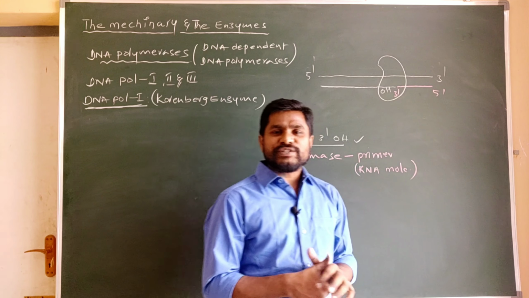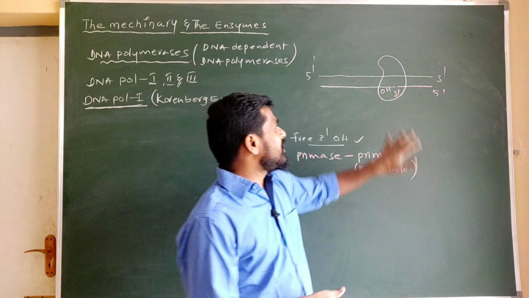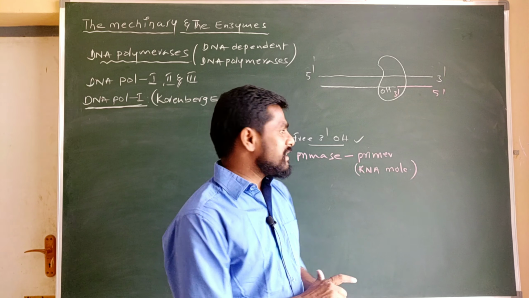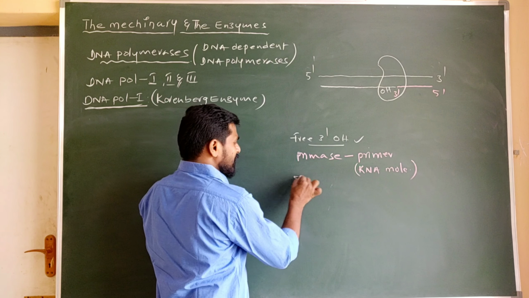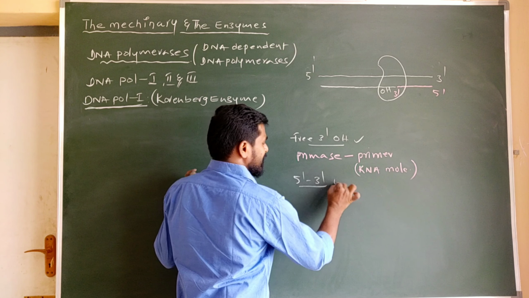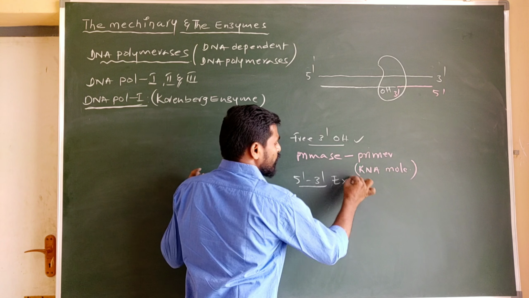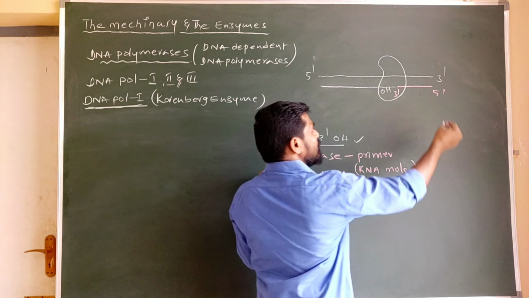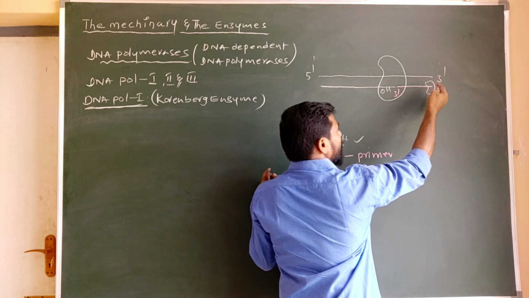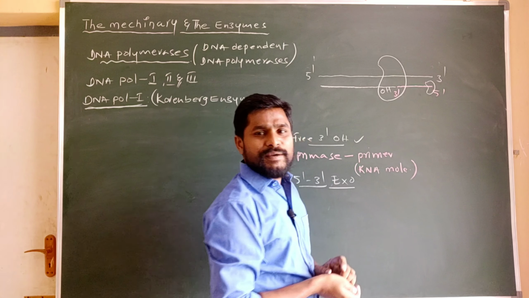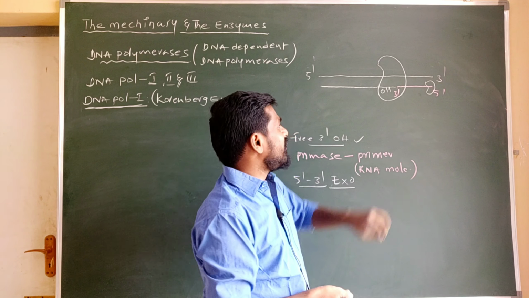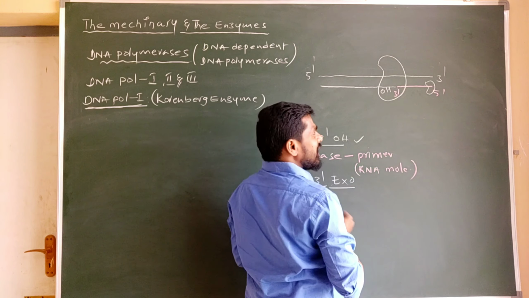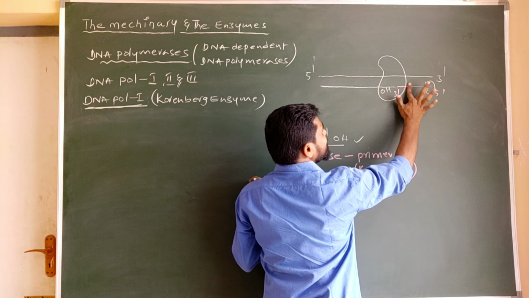So this RNA has to be removed from this double-stranded DNA molecule. In this context, the 5' to 3' exonuclease activity of DNA pol 1 comes into action, which removes the properly paired ribonucleotides of the primer in 5' to 3' direction like this.